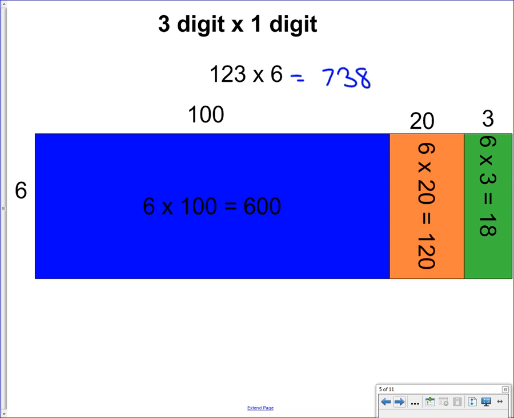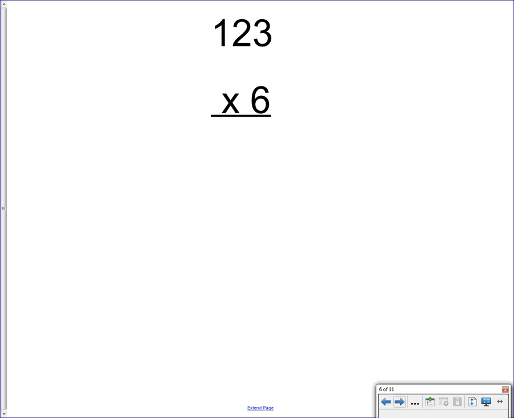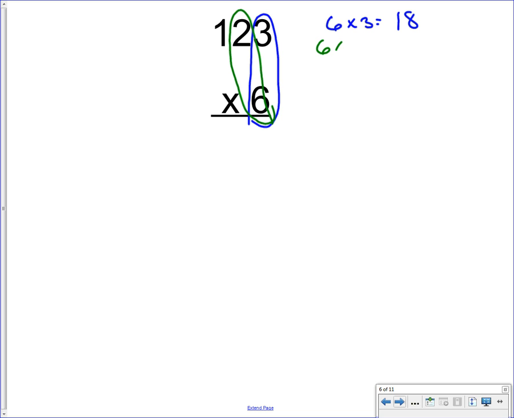So, we're going to show the algorithm. So first one, 6 times 3. 6 times 3 equals 18. Okay. Next one, 6 times 20.